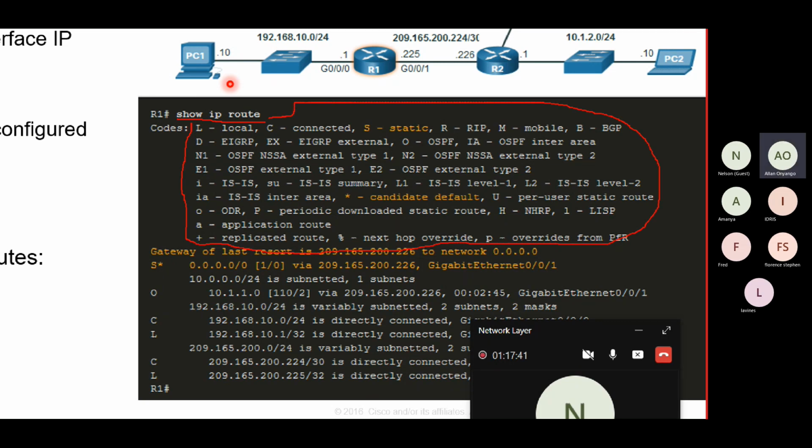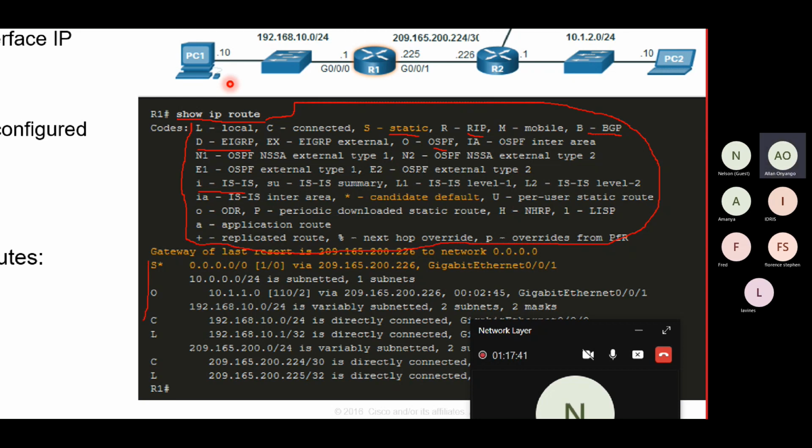L is local, C is connected, S is static, R is RIP, that's a dynamic routing protocol, M is mobile, B is BGP, border gateway protocol, D is EIGRP, O is OSPF, IA is OSPF inter area, and of course there's also IS here, and so on and so forth. Then the routing table normally begins here, where it's written gateway of last resort. Sometimes it will say gateway of last resort is there, or sometimes it will not be there.